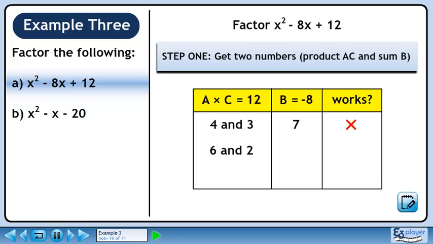The next pair of numbers we'll try is 6 and 2. They have a sum of 8. These numbers don't work since we need a sum of minus 8. Now we'll try minus 6 and minus 2.